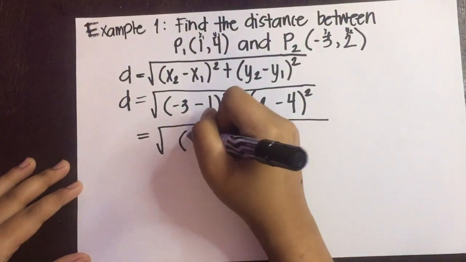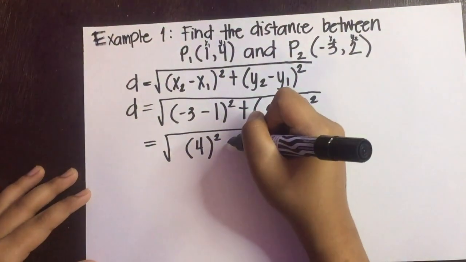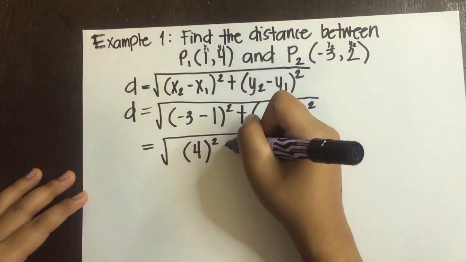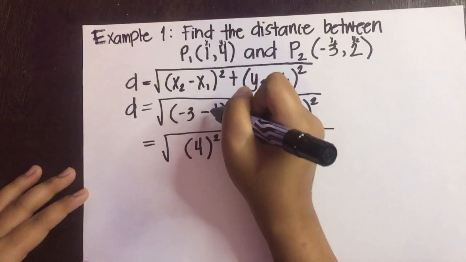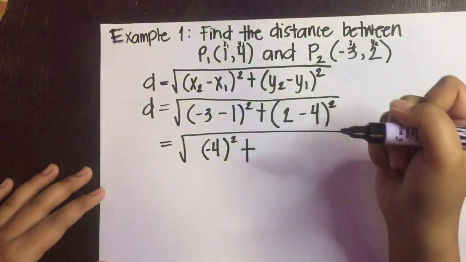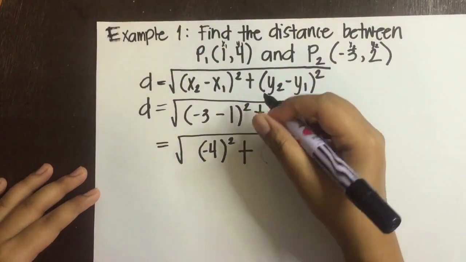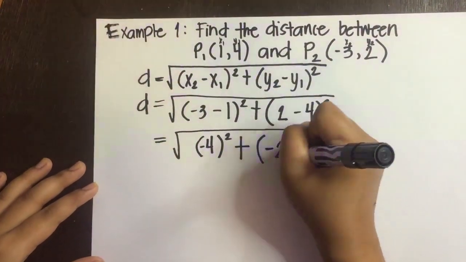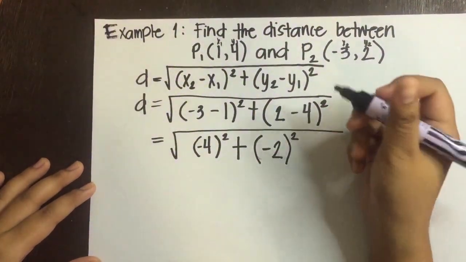So negative 3 minus 1 is equal to negative 4 squared. And then 2 minus 4 is equal to negative 2 squared.